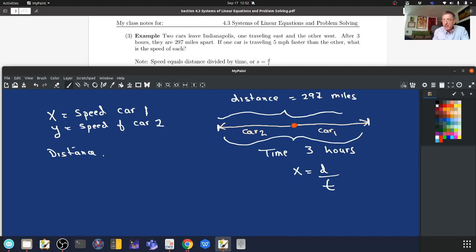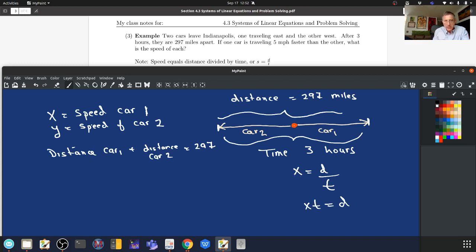So let's think of another relationship. The distance of car 1 plus the distance of car 2 is equal to 297. So what is the distance? x times t is equal to the distance.